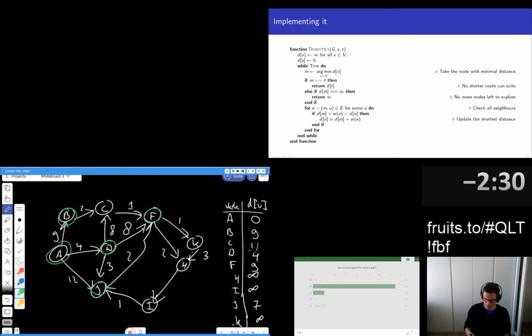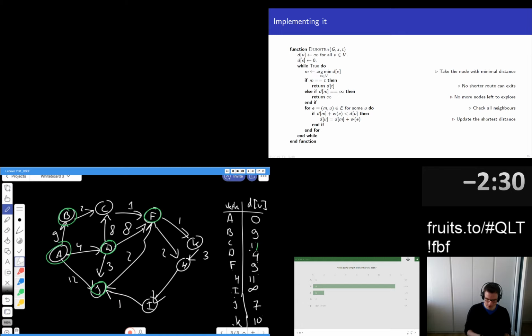F gives us an update on K and H. K can now be reached in less than infinity, and H as well, because H can be reached in the distance to F plus 2, so that's 11, and K can be reached in the distance to F plus 1, so that's 10.